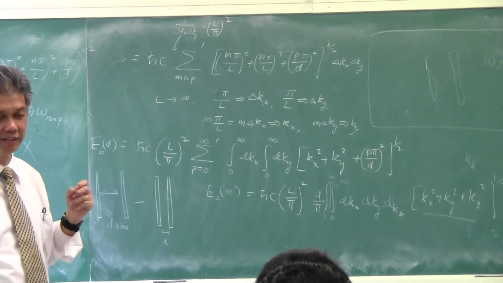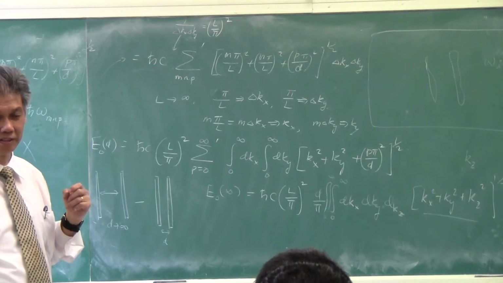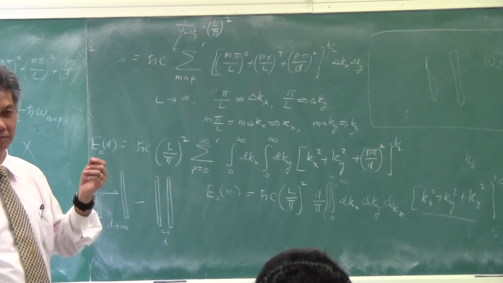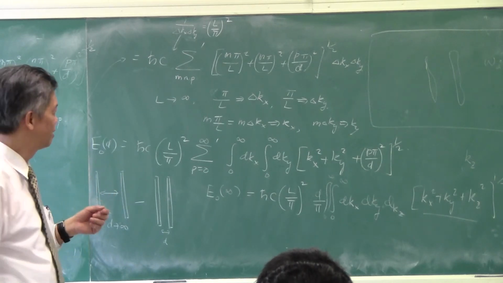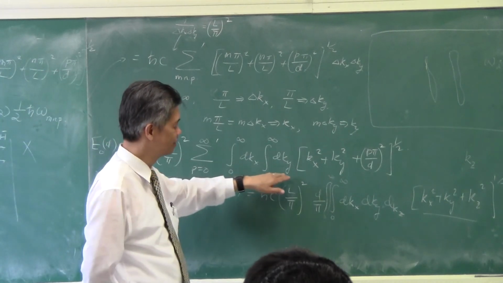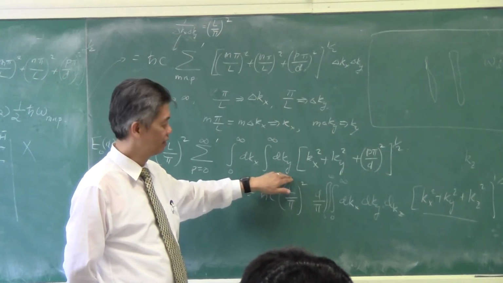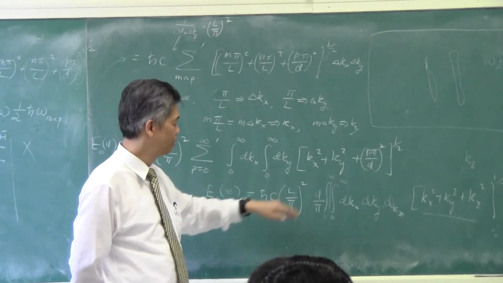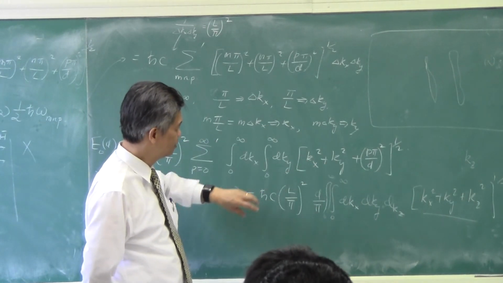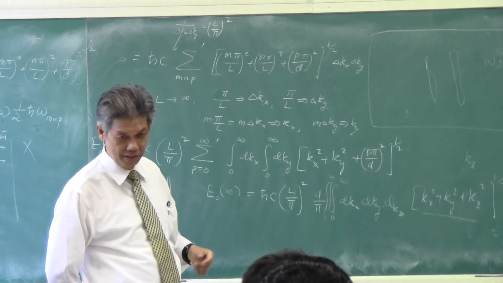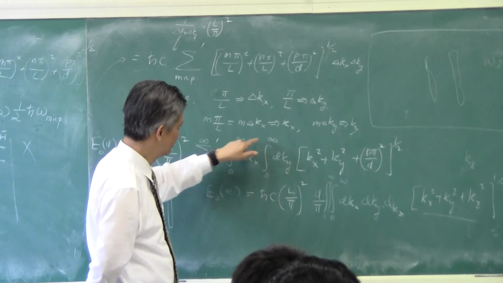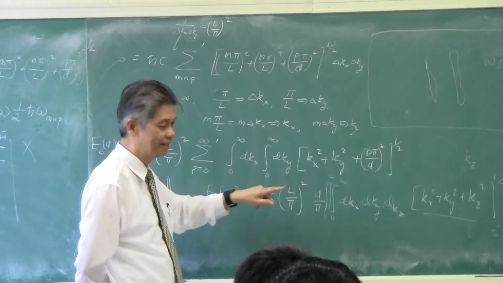Space is not infinitely divisible. You cannot break space into tiny bits and tiny bits forever, but continuum mathematics allows us to do that, to work with wave numbers that are infinitely large. But there should be an upper limit as to how small you can measure length scale, and this thing should be truncated at the upper limit anyhow.